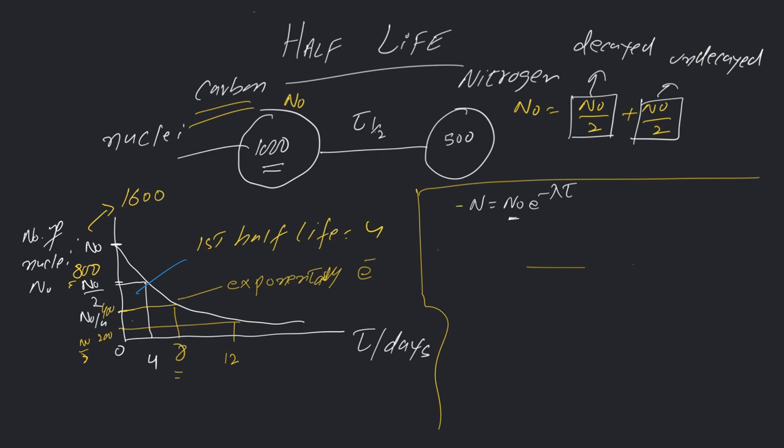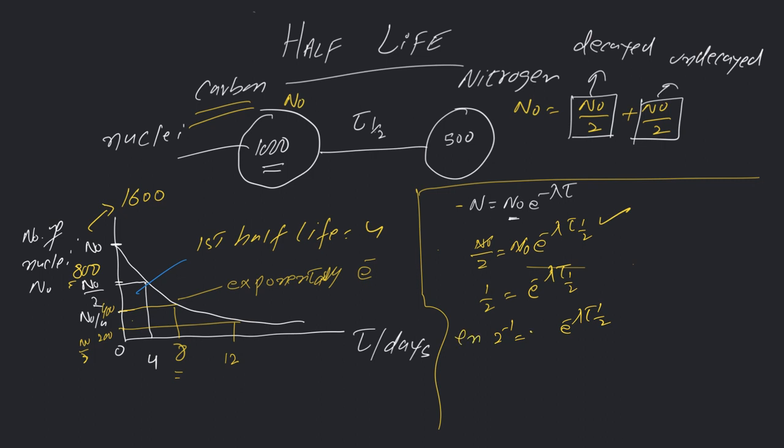So after the first half-life, N naught by 2 will remain. N naught by 2 is equal to N naught e power minus lambda T half, that is, it all happens after the first half-life. So cancel, and 1 by 2 is equal to e power minus lambda T half. So 2 power minus 1 is equal to e power minus lambda T half.